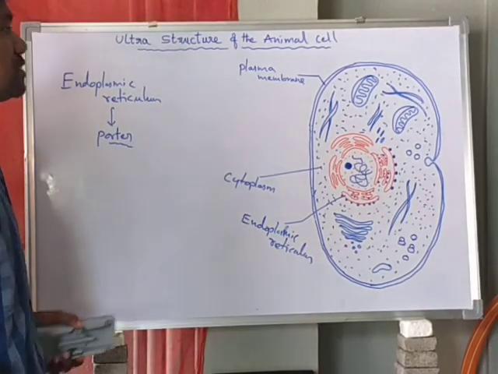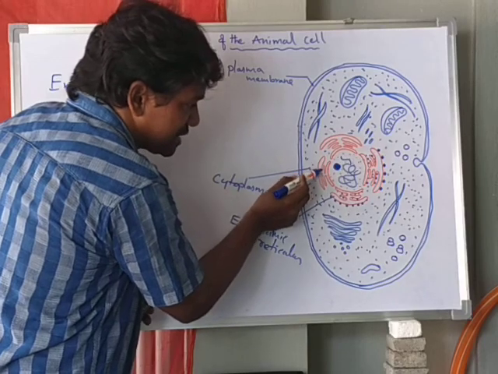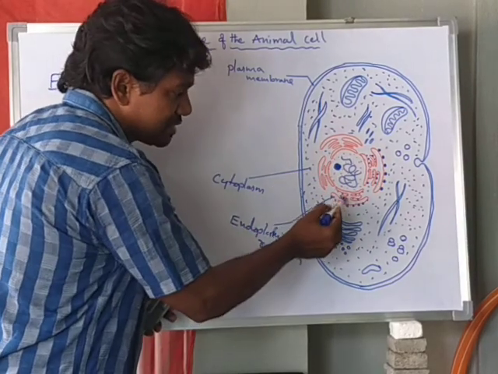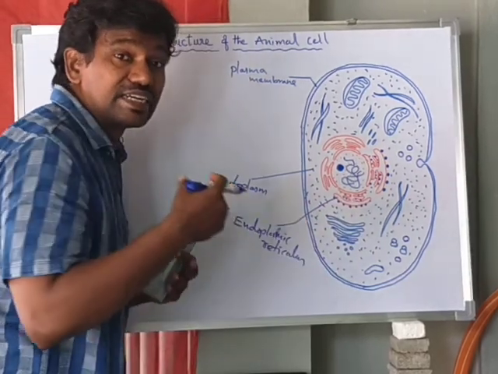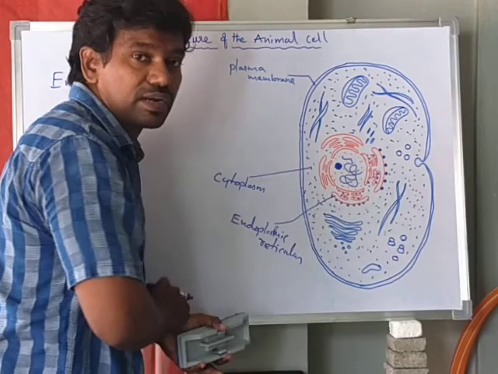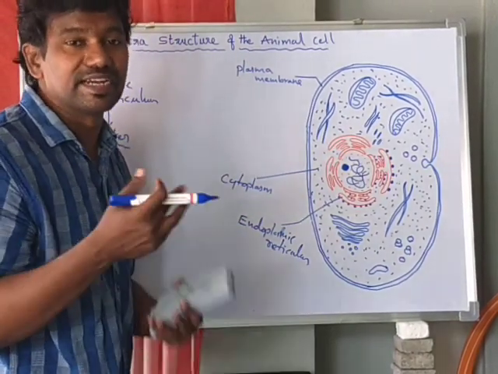Generally the cavities of this system form a network, so this structure is called endoplasmic reticulum. Reticulum means network.